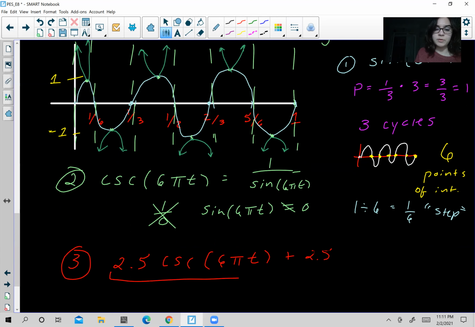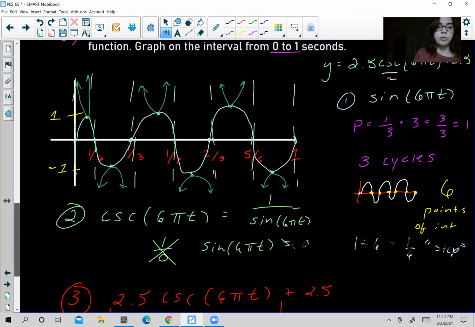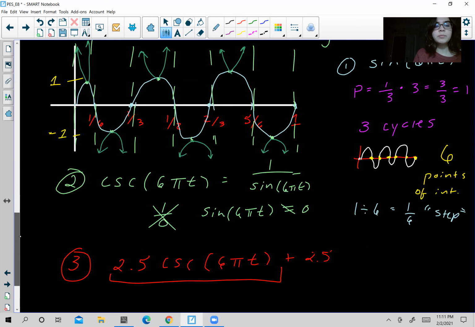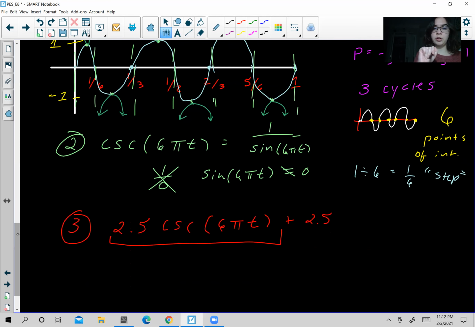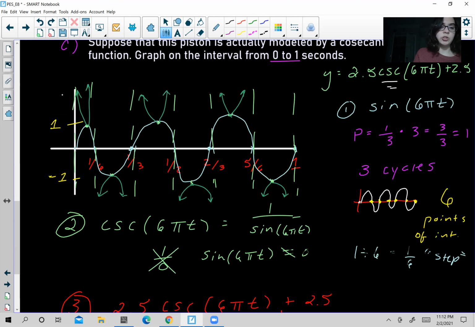First, let's focus on the first part here. The 2.5, we know it's going to make it a little bit skinnier, because that's just what the multipliers tend to do when they're greater than 1. But we should also note that everywhere where we have those peaks, which are important points, now we're multiplying those 1s by 2.5. So that's going to change the amplitude. So now our curves are way up here.